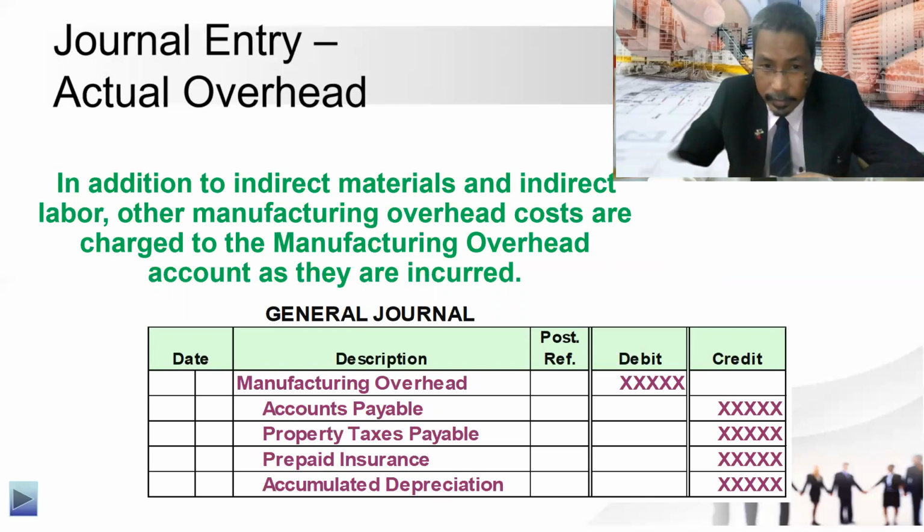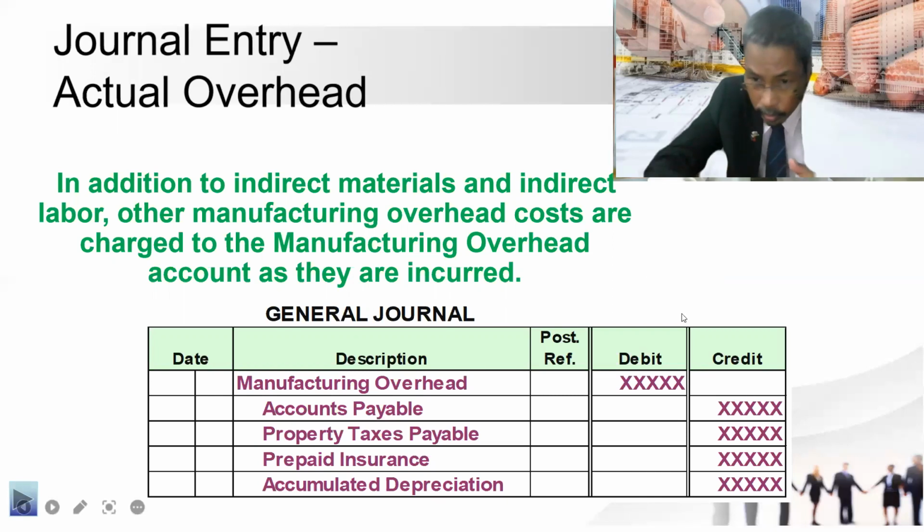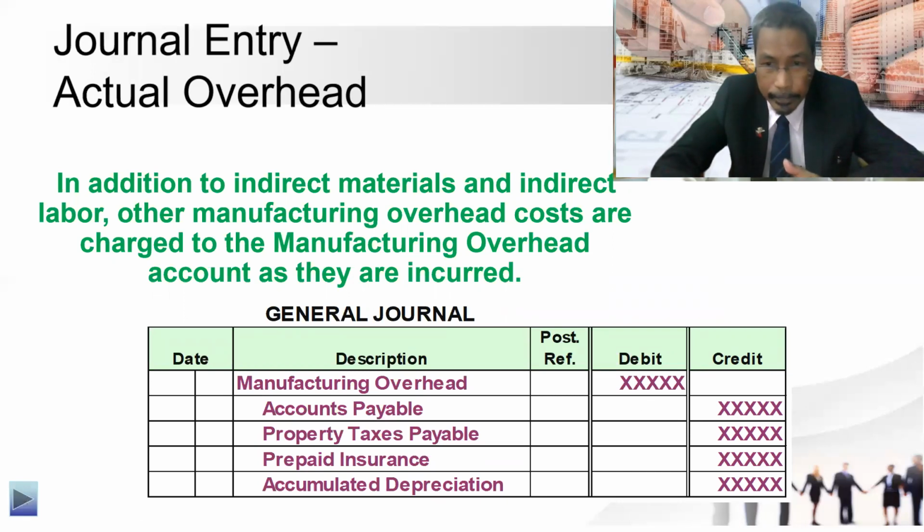Those are examples of overhead, and also the accounts that have to be paid for specific manufacturing overhead expenses. So if you add up all of these on the right side, that is equal to the value on the left side. So that's all for the current module number 7.